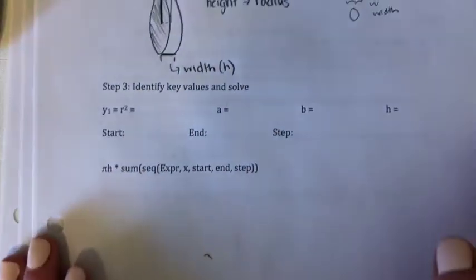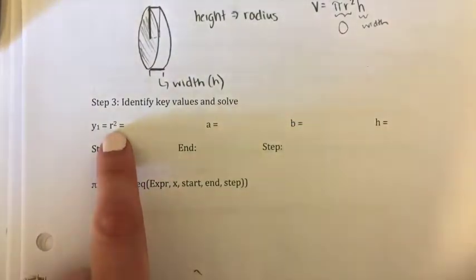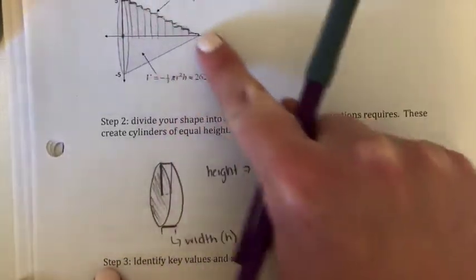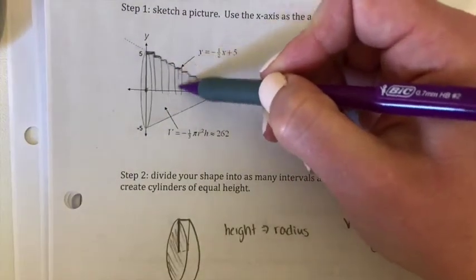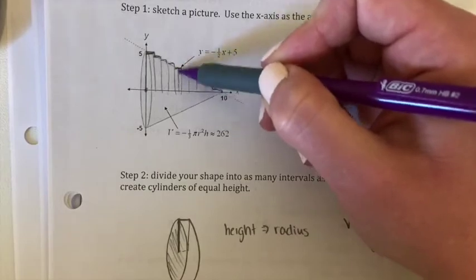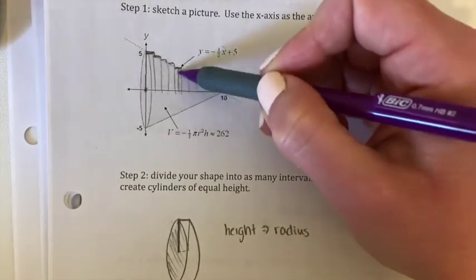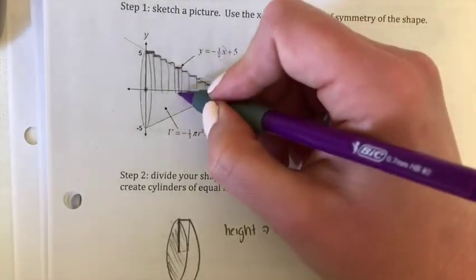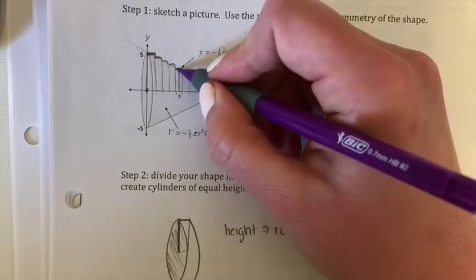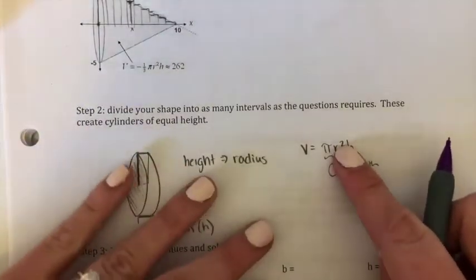Now we want to identify key values and solve just like we did yesterday. Our radius is a function of this line. Whatever our x value is in the middle of the rectangle, if we plug it in, the y value it spits out is our radius. If we use an x value here, we'd get this specific y value, and that becomes our r, and we plug into this equation down here.